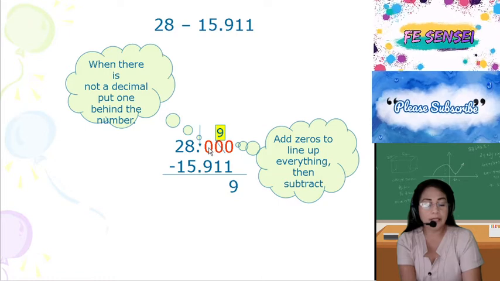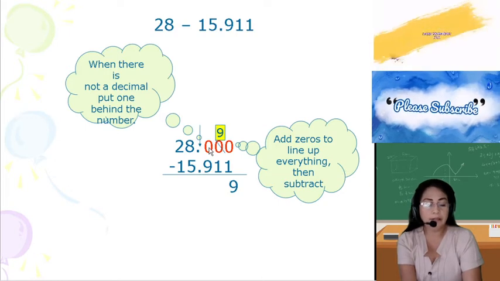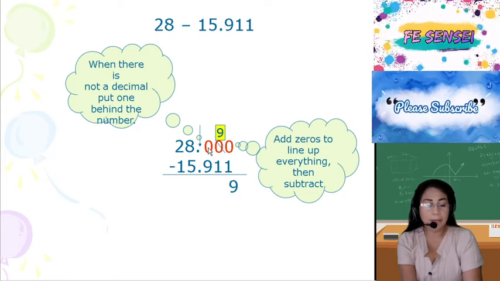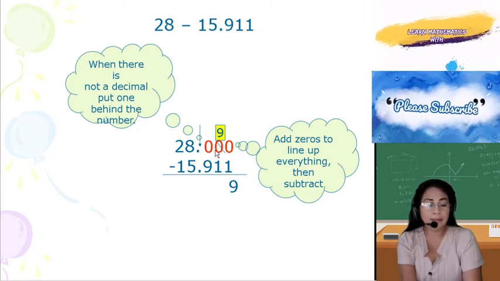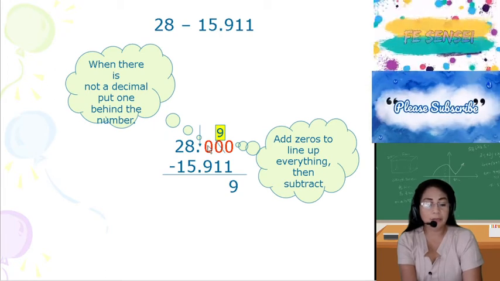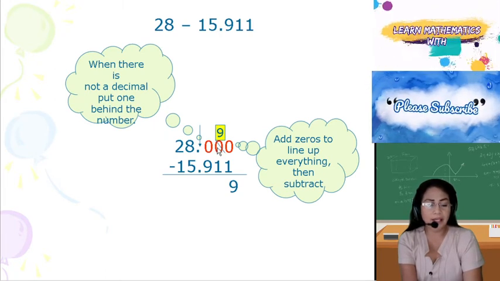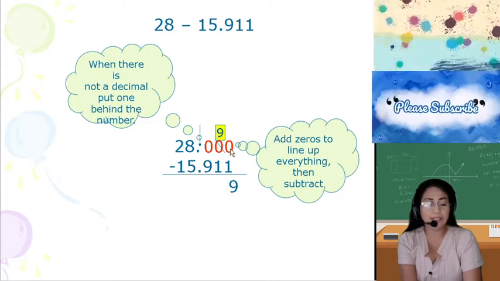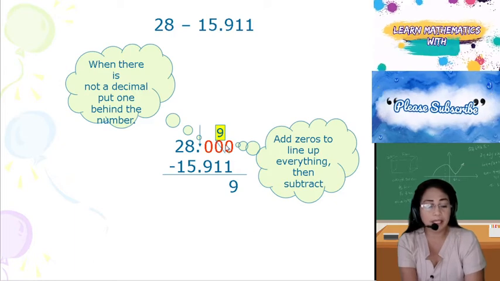Then, this is 9. Why 9? This is 10, supposedly. But the hundredths place borrowed 1, so this becomes 9. Then the 10 in the hundredths place becomes 9 because the thousandths place will borrow.